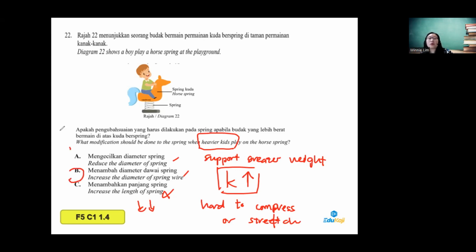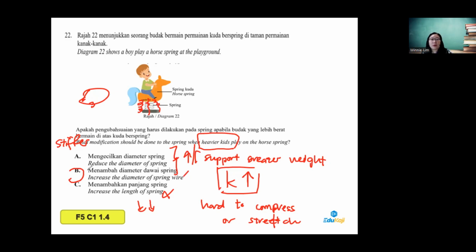A and B also will make it stiffer. Reducing the diameter of the spring is like having more springs, so you can support, because you need a bigger surface area. But by right, reducing the diameter of the spring also increases the spring constant. These two can both cause a higher spring constant. It's just that in this context you increase the thickness of the spring wire.